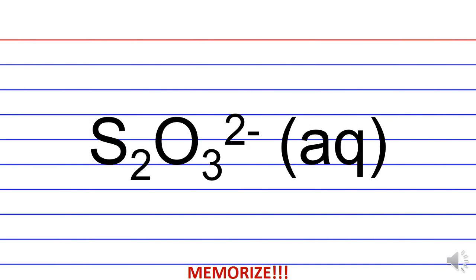All right, so it's S2O3, and the overall polyatomic ion has a charge of 2 negative. And as you can see, it's in aqueous phase. It's a solid dissolved in water. So definitely memorize this one. The charge and the formula, everything about it. Well, not everything about it, because that's just overkill, but you know what I'm trying to say.